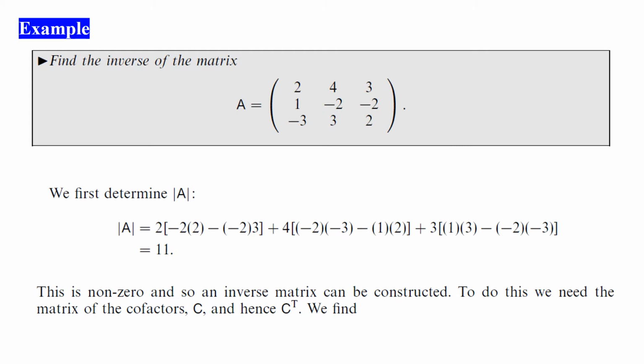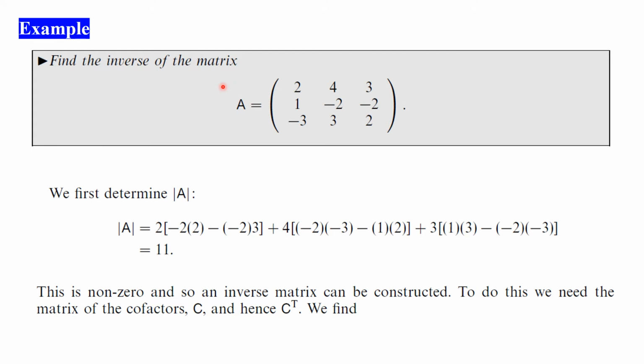Let us have an example. Here is a matrix A, a square matrix, which is a 3 by 3 matrix with the following elements. You have your matrix A with elements 2, 4, 3, 1, negative 2, negative 2, negative 3, 3, and 2.